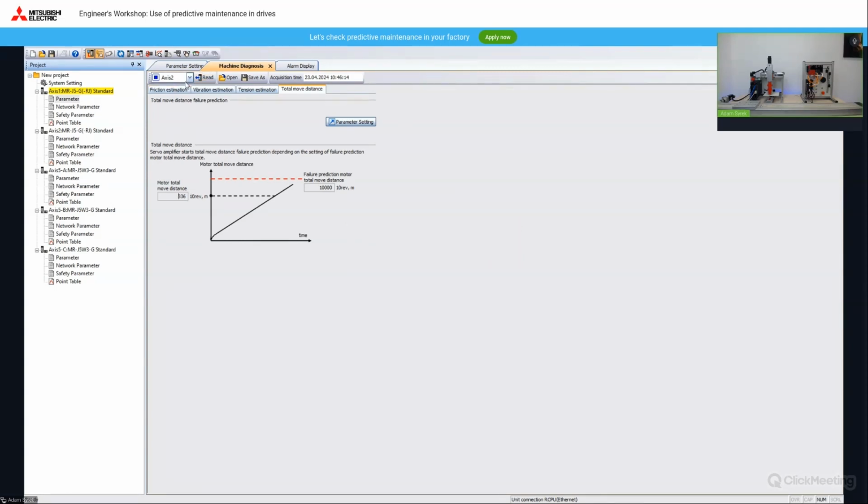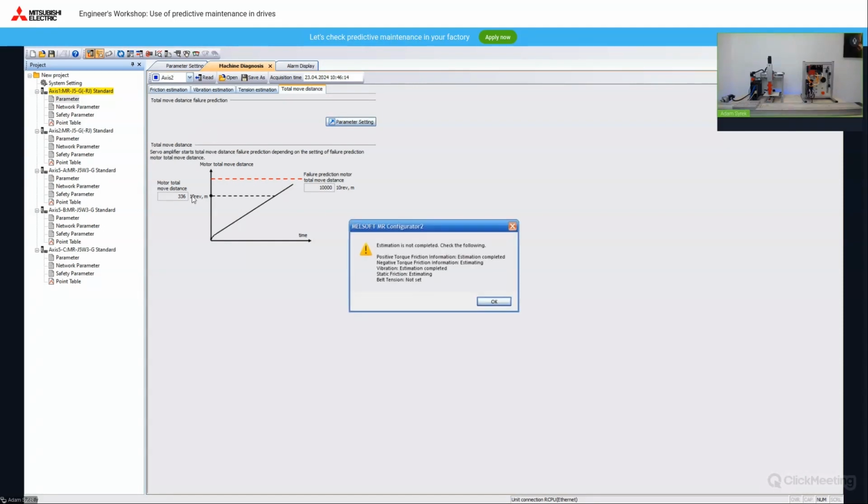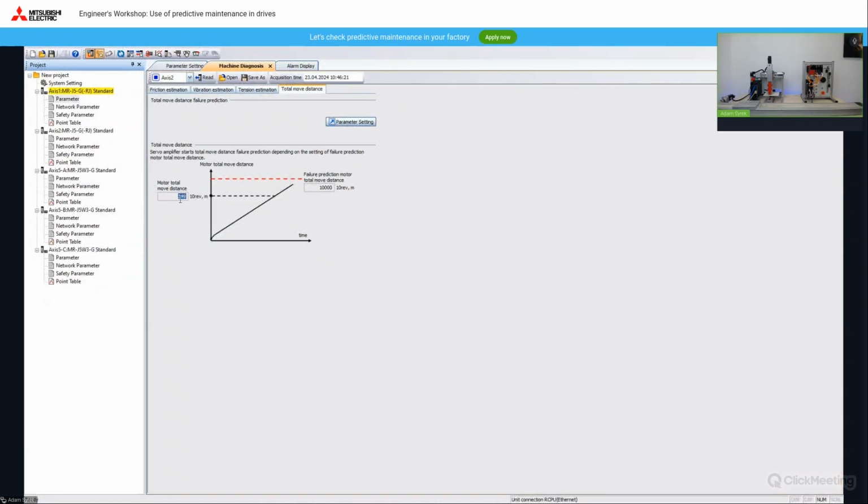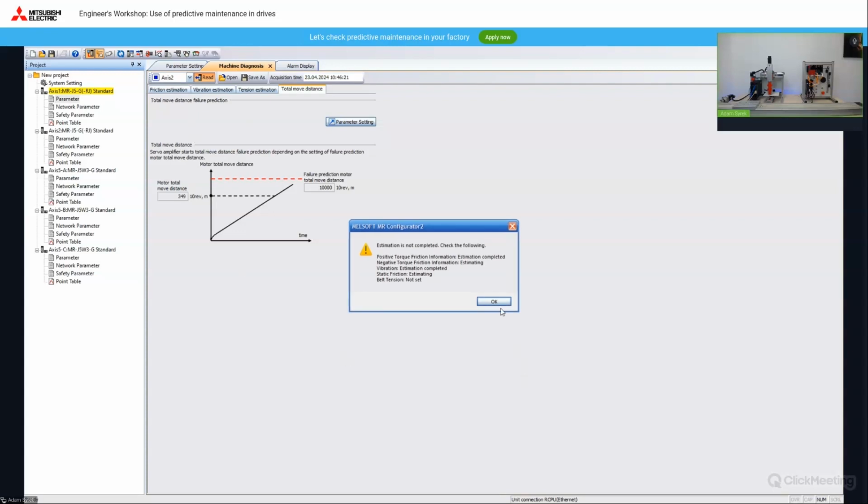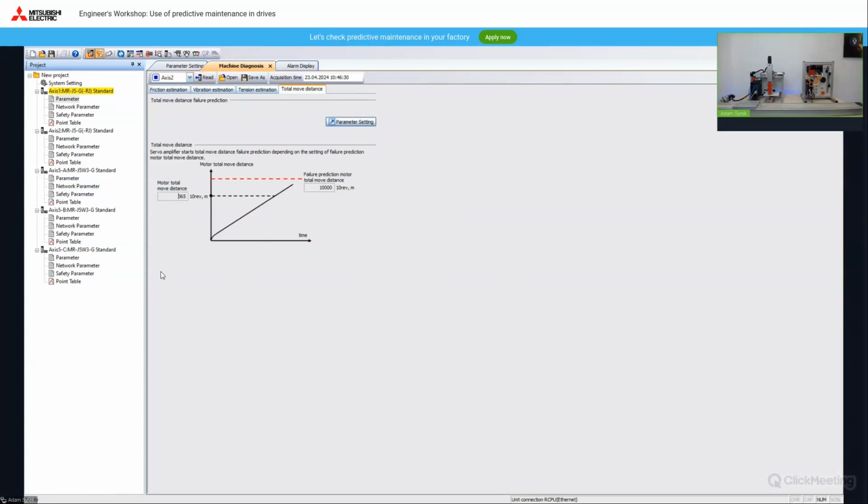And if I refresh the data, because in the MR Configurator we have to refresh this data all the time, here we can see that we have almost 350 revolutions, and it measures the revolutions of the amplifier.